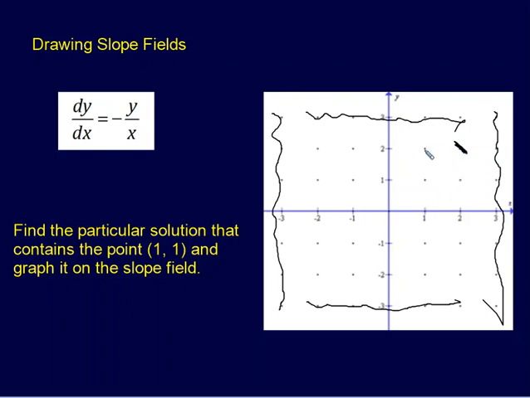If I move over to the next point, the y value still is 2, but the x coordinate is 1. So it's now going to be -2 divided by 1. And that slope is steeper, but still negative. If we get to the point (0, 2), now the y is 2, but the x is 0, that is an undefined slope.